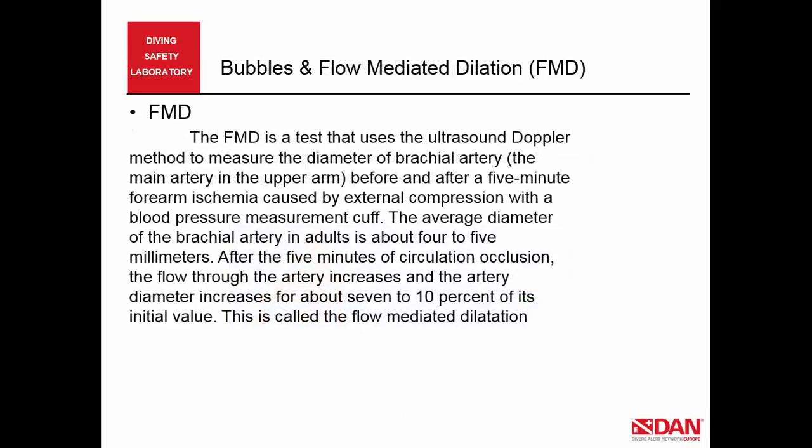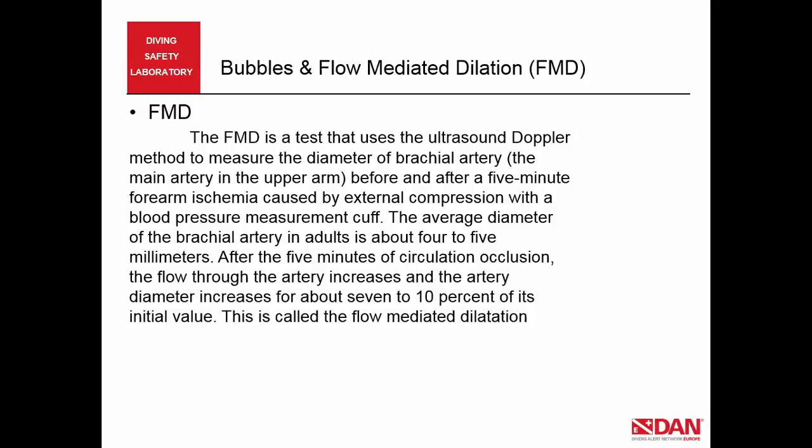Flow-mediated dilation is a test that uses the Doppler ultrasound method to measure the diameter of the arm artery, that's the main artery in the upper arm, before and after a 5-minute forearm compression test using a blood pressure measurement cuff.